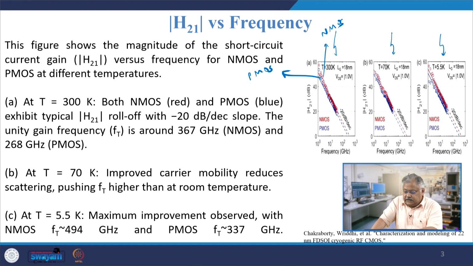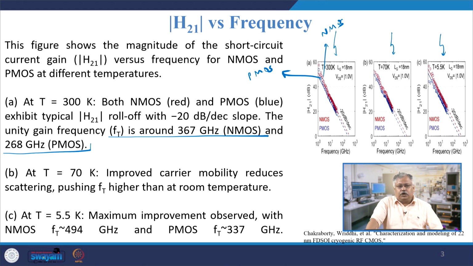The reason you are seeing 20 dB per decade, and why the graphs are linear, is because of the log scale which we are referring to, right. The unity gain frequency is found to be 367 gigahertz for NMOS and understandably less for PMOS, because PMOS carries a lesser amount of current and therefore the unity gain will also be smaller, FT will be relatively smaller.